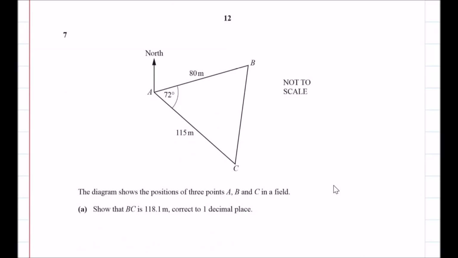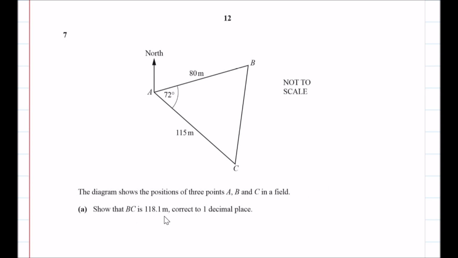Now question number 7. The diagram shows the position of 3 points A, B and C in a field. Show that BC is 118.1 meter correct to 1 decimal place.